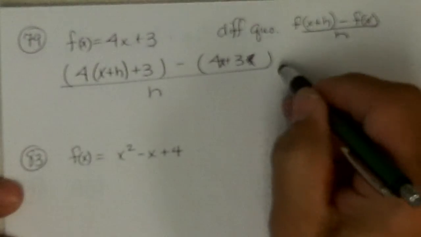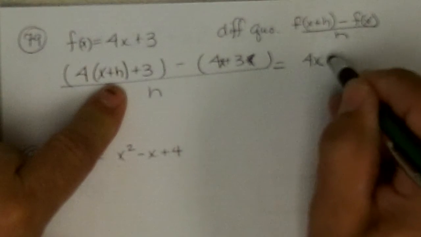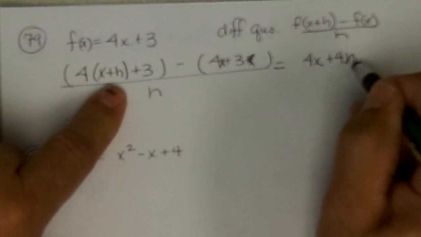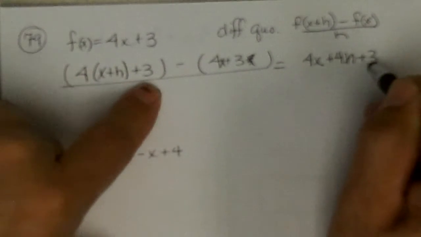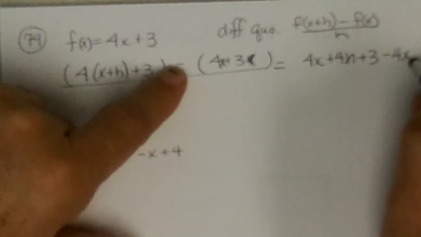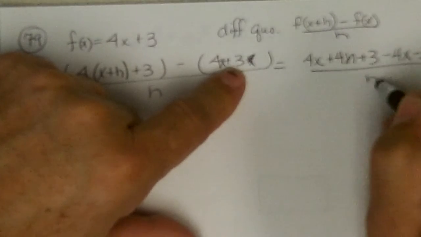So being careful with our math here, 4 times all this would be 4x plus 4h plus 3, then minus all of this. So minus 4x and minus that positive 3 is minus 3, over h.